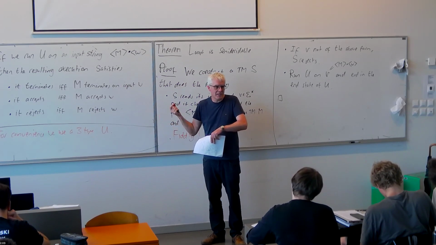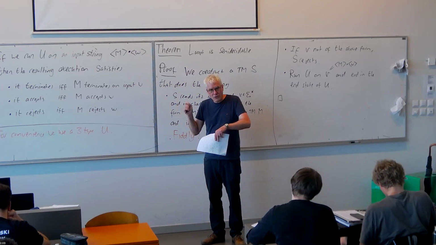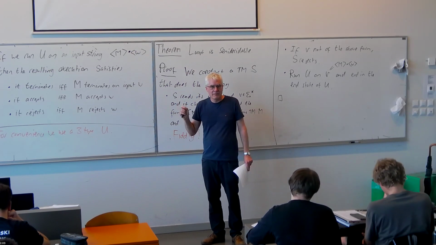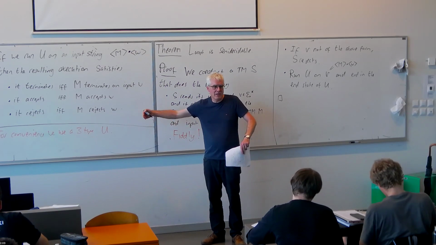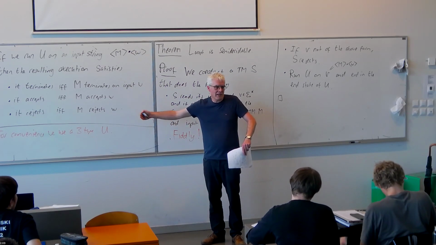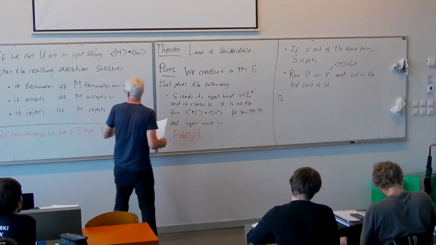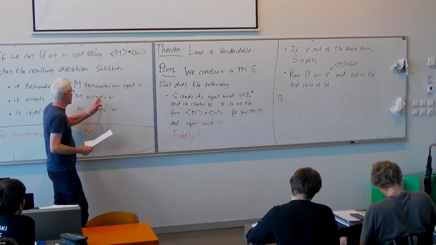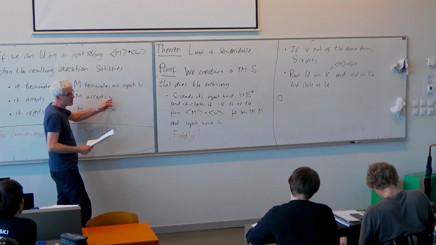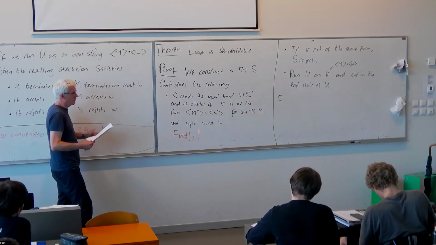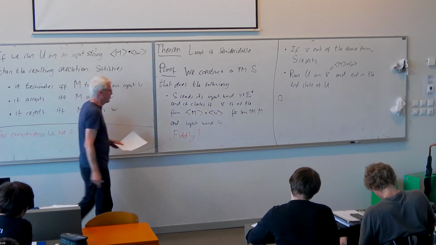But then undecidability means we can't say for sure if it's not going to happen, because we're running a machine and we don't know, it might just be that we haven't run it for long enough. We never know if the machine M just hasn't accepted W up to this point, or is not going to accept in the future.